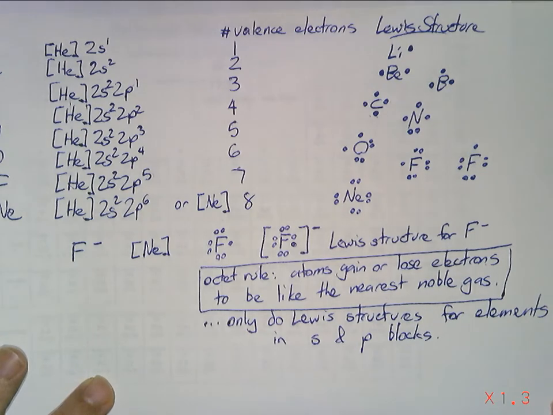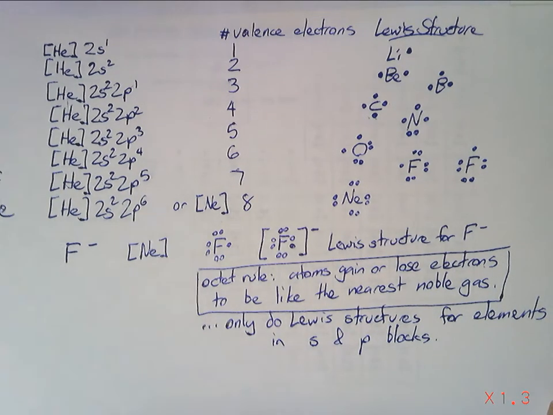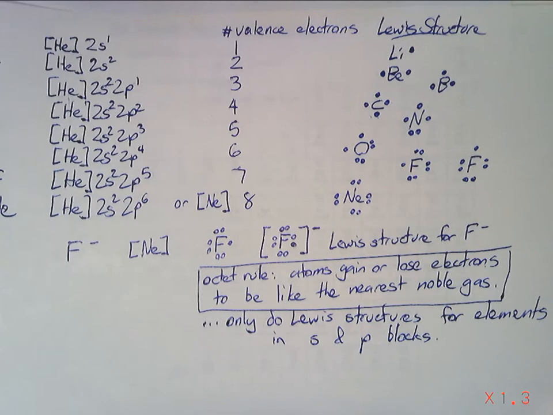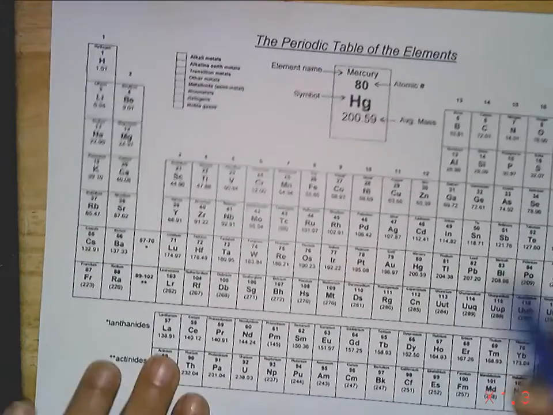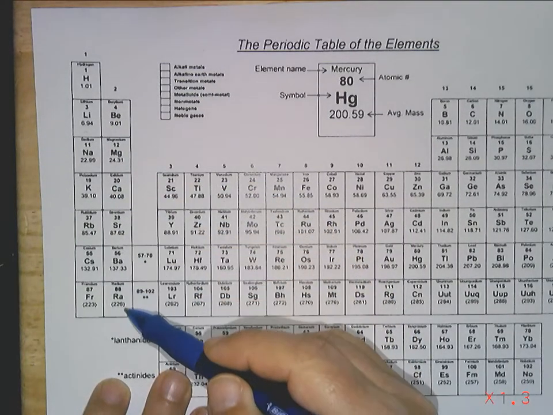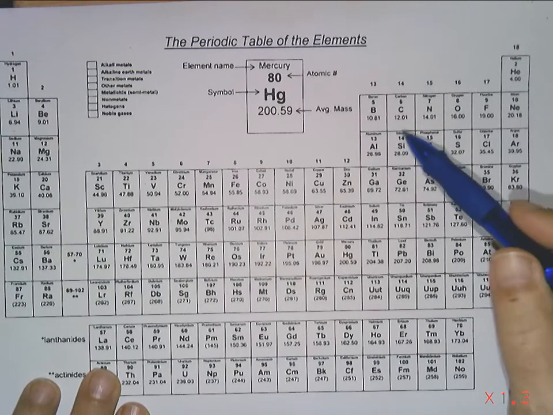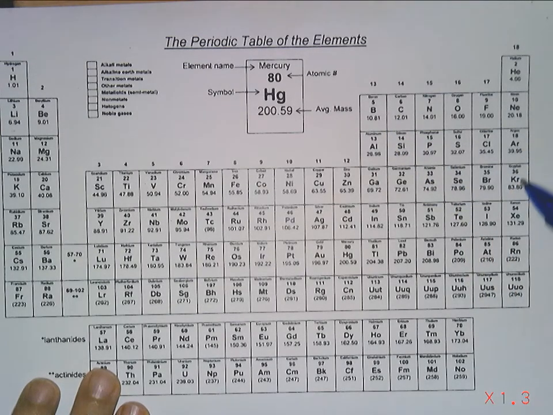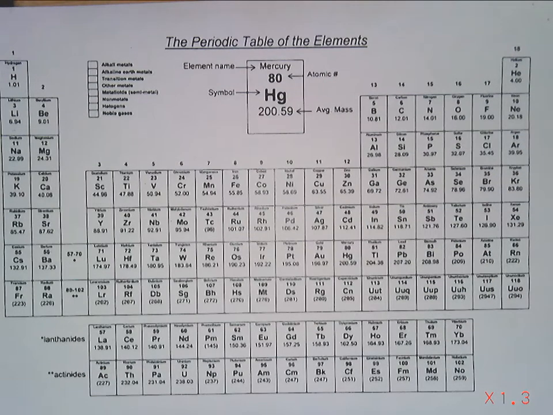Do you remember what the S and the P blocks were? You should. If you can do electron configurations, you have to be able to do that. The S block is the first 2 columns here, and the P block is these 6 columns here. That's the P block right there. So you have to have an element in there to be able to do a Lewis structure for it.